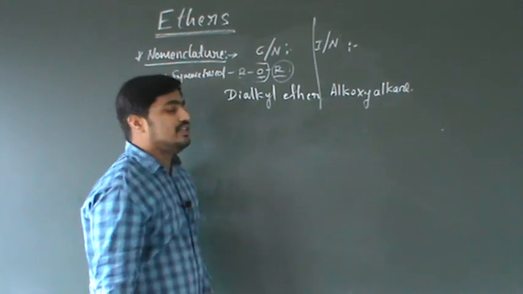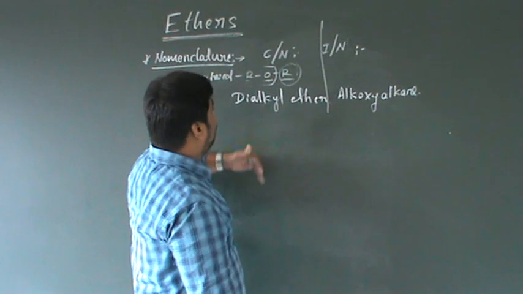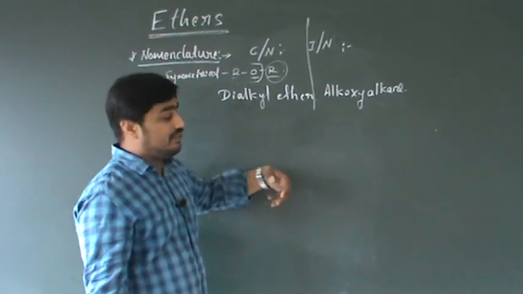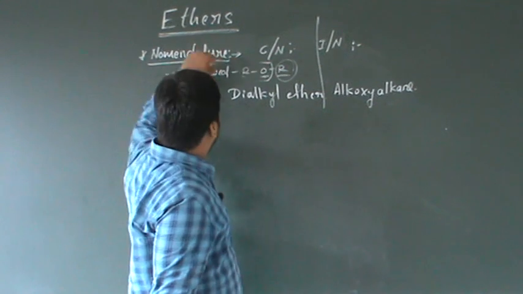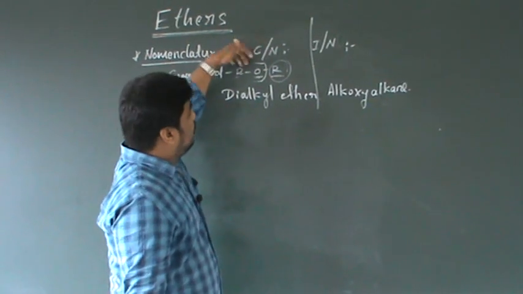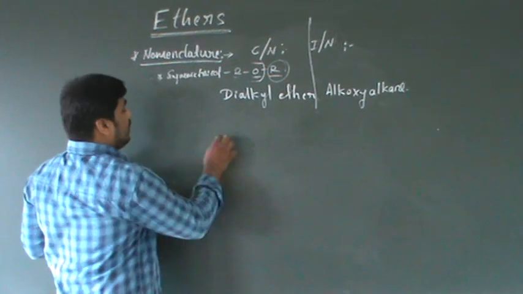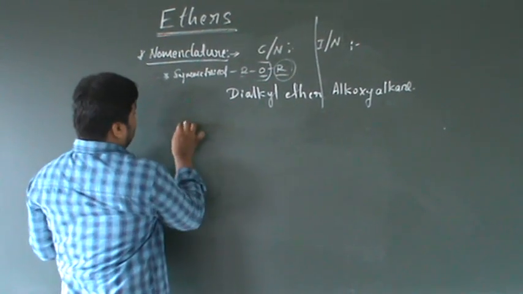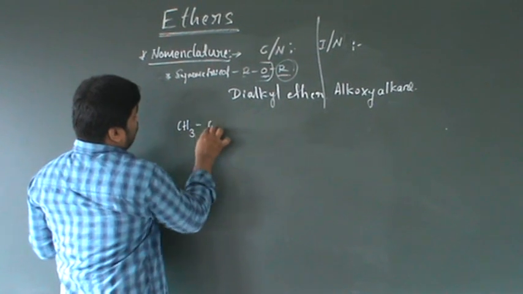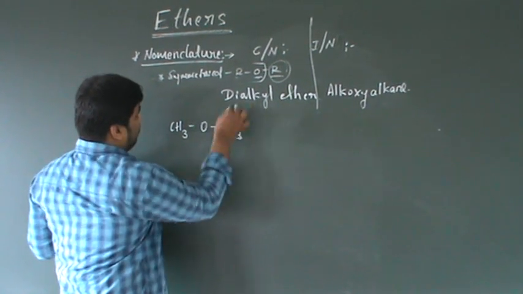Let us discuss the naming by considering different examples of symmetrical ethers under these two categories. First, I consider a simple example, CH3OCH3.